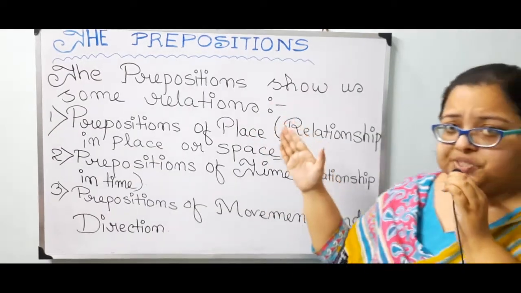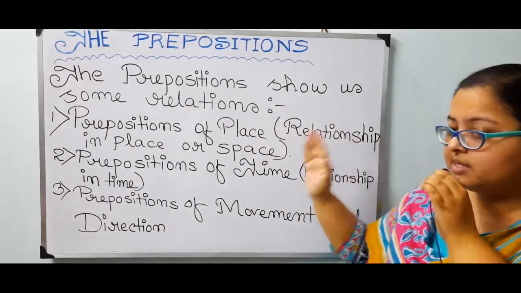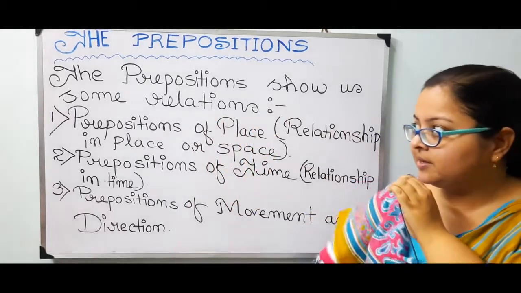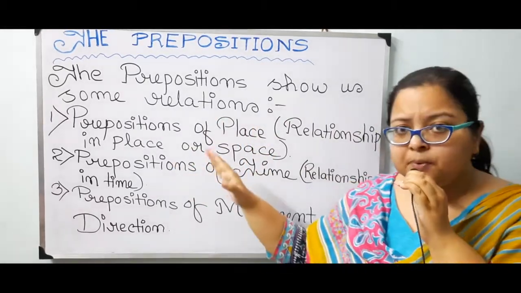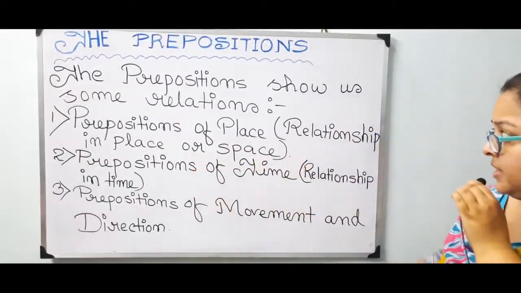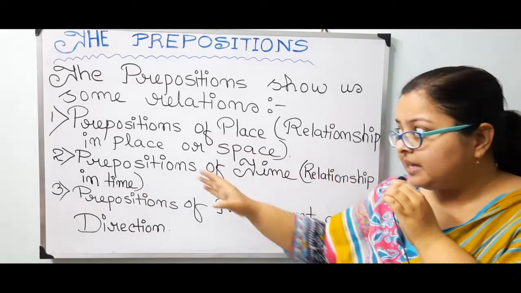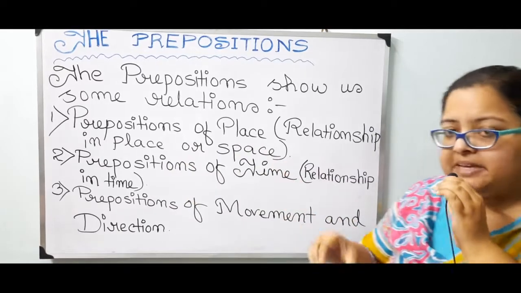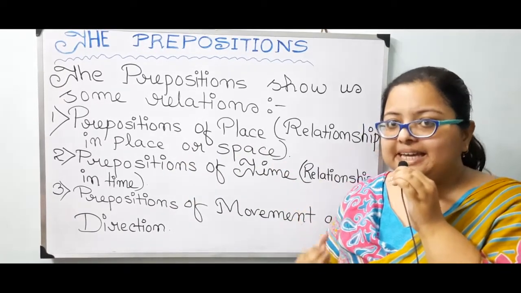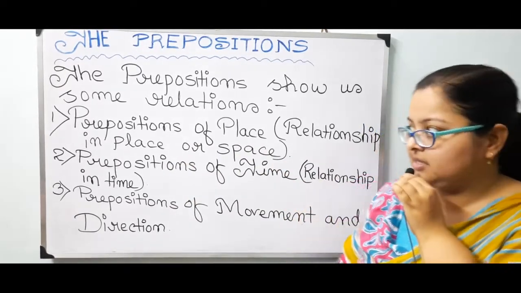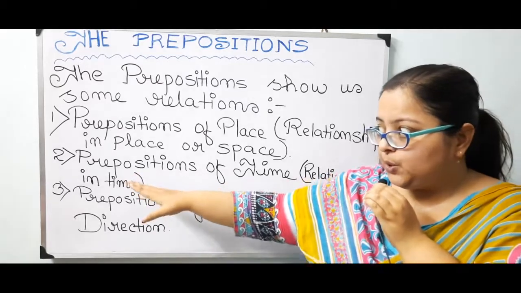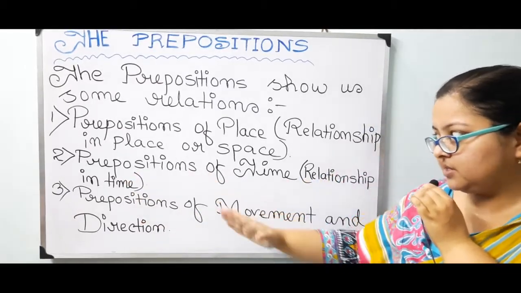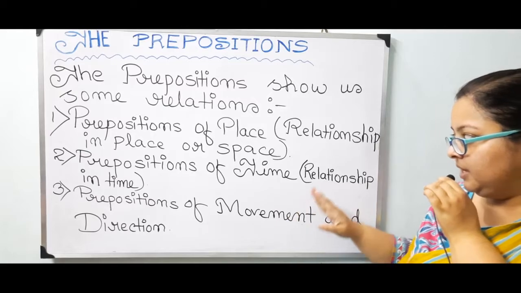The prepositions show us some relations. Number 1, prepositions of place. Relationship in place or space means at a particular place or space. Then, number 2, prepositions of time.